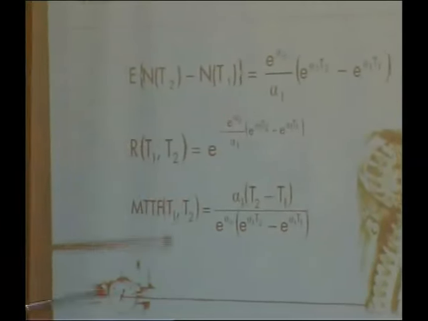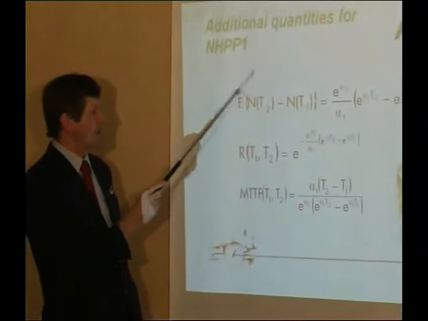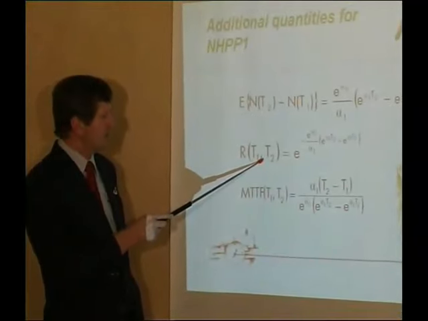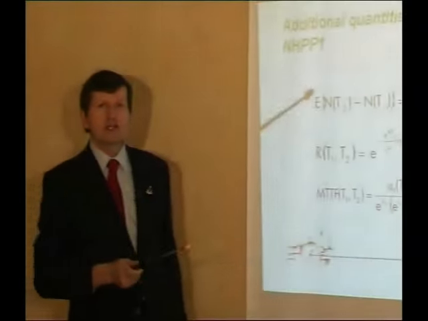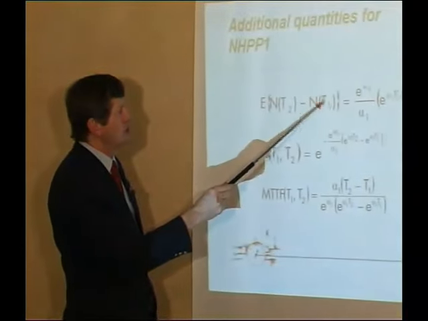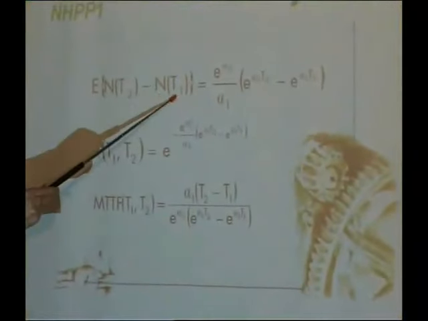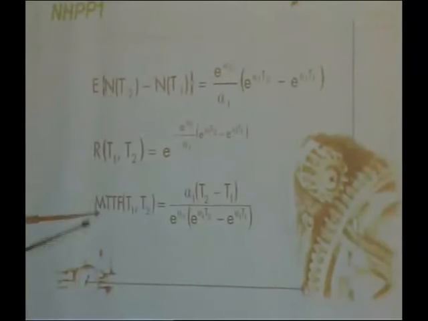In all cases, we can also calculate absolute values of the number of failures, absolute values of the survival function, and absolute values of the mean time to failure. That is, you calculate it from 0 to some time point t by substituting 0 for t1. So when you substitute 0 for t1, you will get the value from 0 to the value t2.